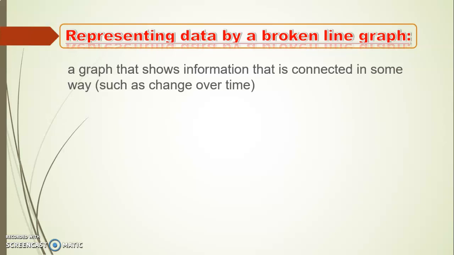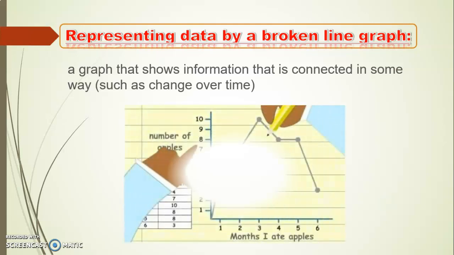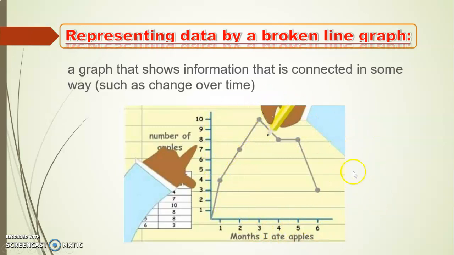Representing data by a broken line graph. This graph shows information that is connected in some way, such as change over time. Let's remember, this is the shape of the graph.